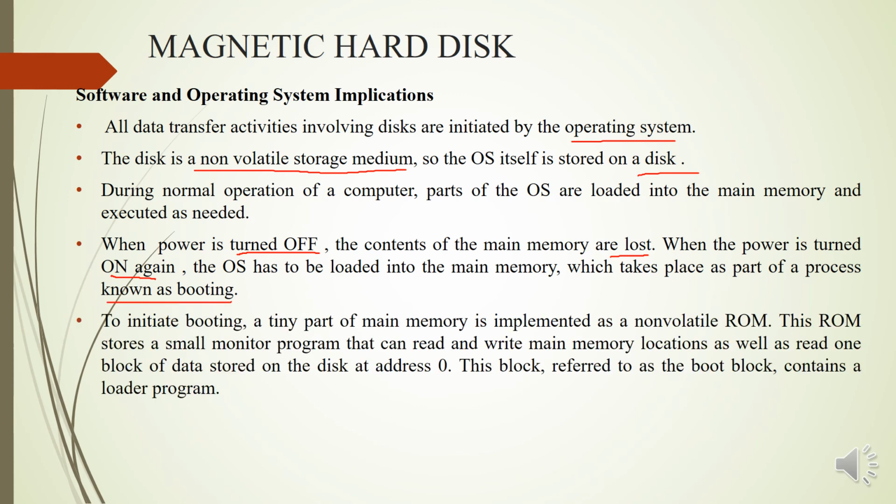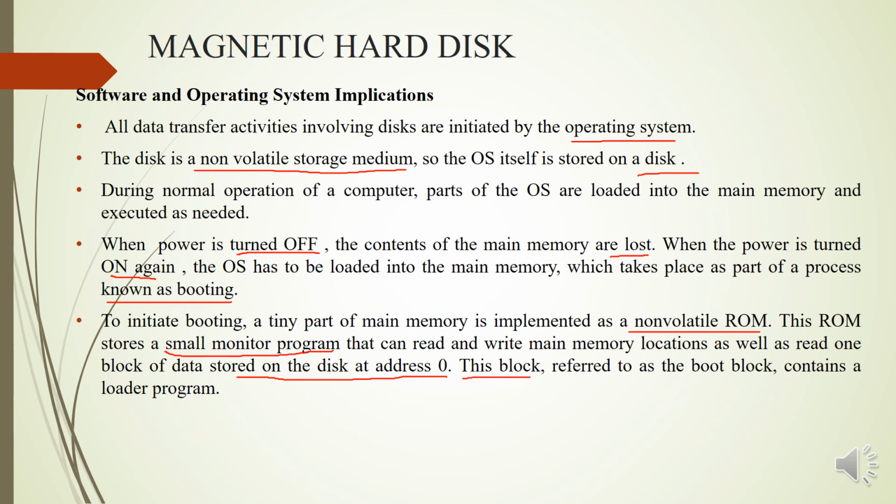To initiate the booting process, a tiny part of the main memory is implemented as a non-volatile ROM. This ROM stores a small monitor program that can read and write main memory locations as well as read one block of data stored on the disk at address 0.